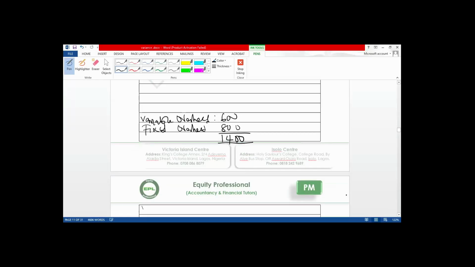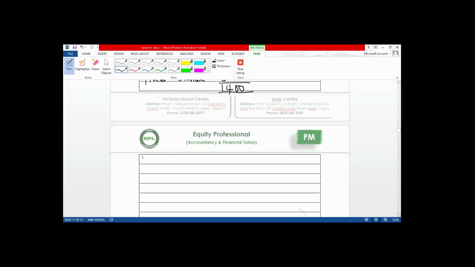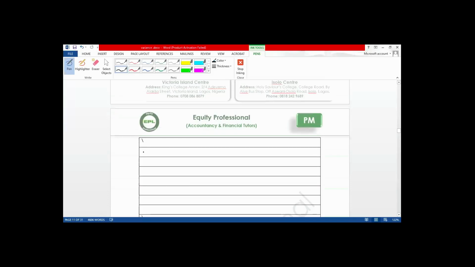If I now want to share 12 million, actual variable overhead is 600 over 1,400 multiplied by 12 million.